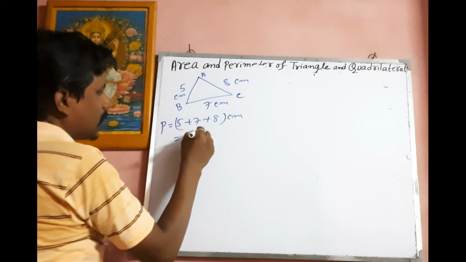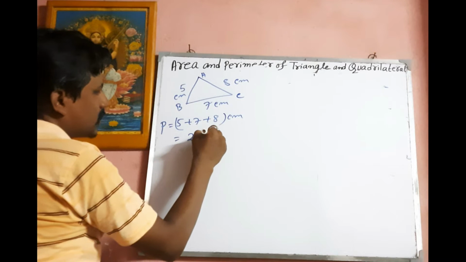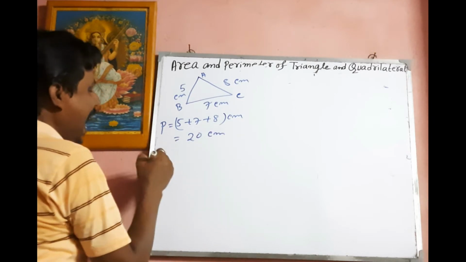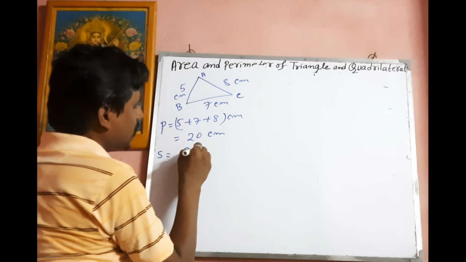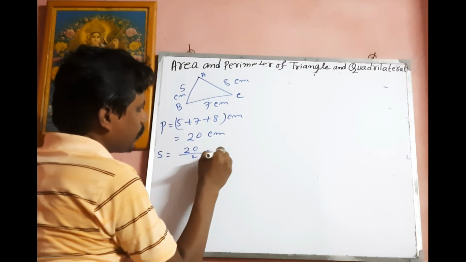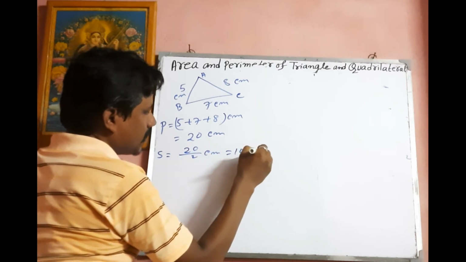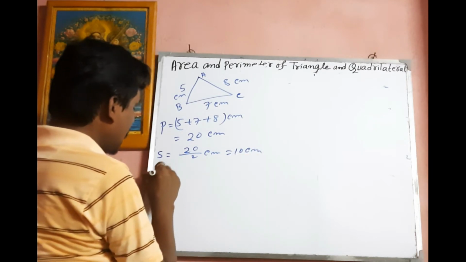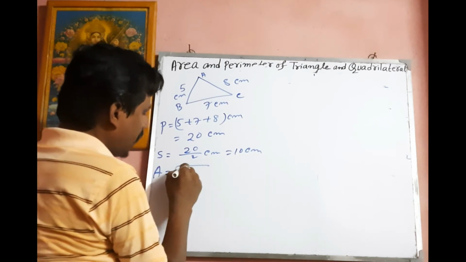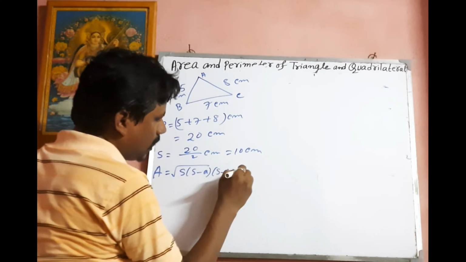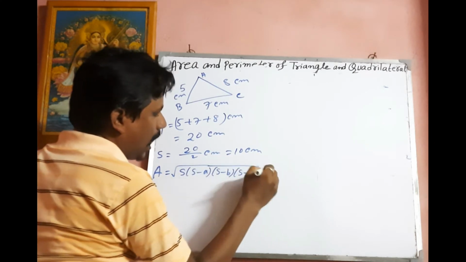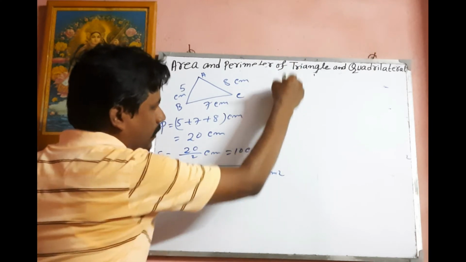So 20 centimeter is the perimeter, and the semi-perimeter S is equal to 20 by 2 centimeter. This is 10 centimeter. And the area A is equal to root under S into S minus A, S minus B, S minus C, and this will be centimeter square.